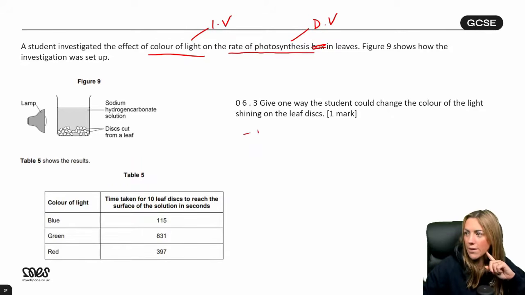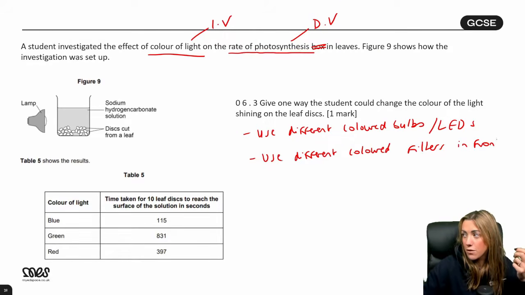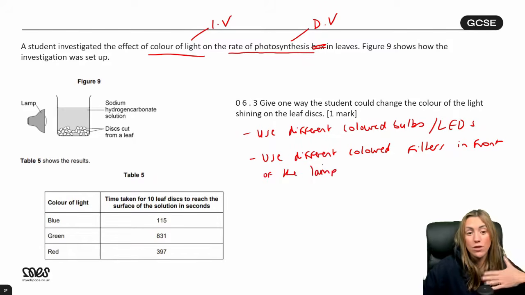So one way, you could say use different coloured bulbs. That would be an easy way to do it. Or different coloured LED lights. As an alternative, use different coloured filters, which you'd place in front of the lamp or in front of the bulb.